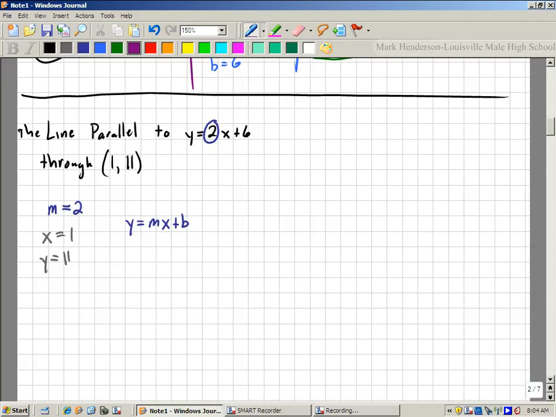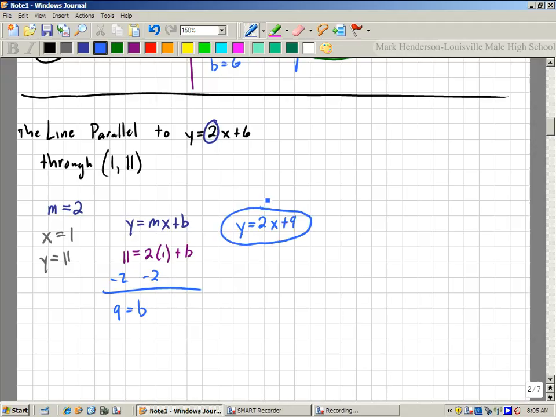So y is 11, m is 2, x is 1, b is b, because we don't know it yet. You subtract 2 from both sides. I think that's pretty clear. So 9 equals b. So the line parallel to this is y equals 2x plus 9. Okay?